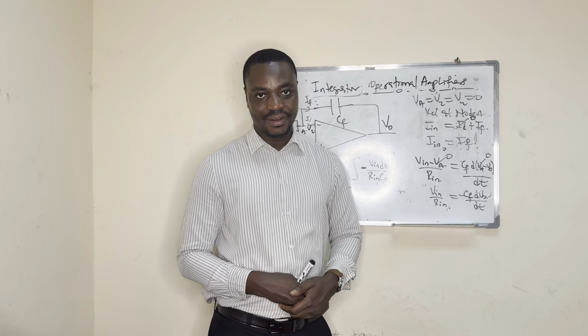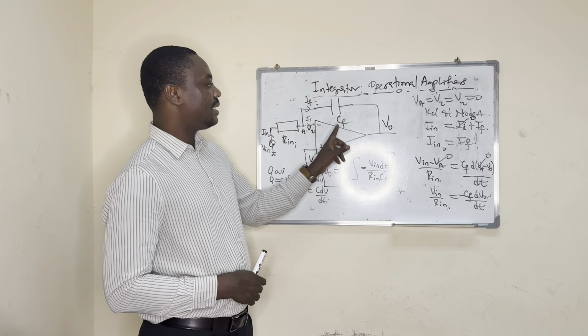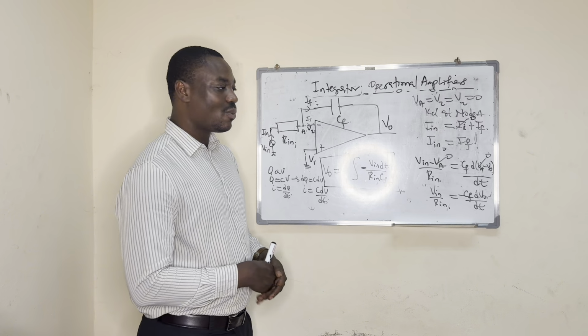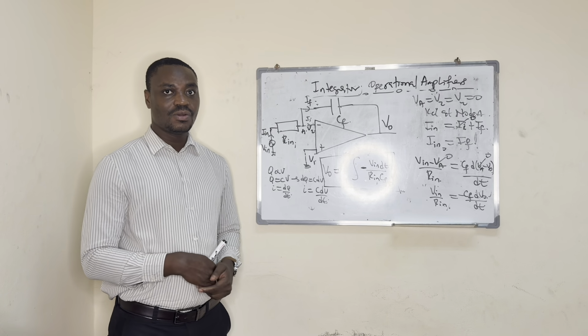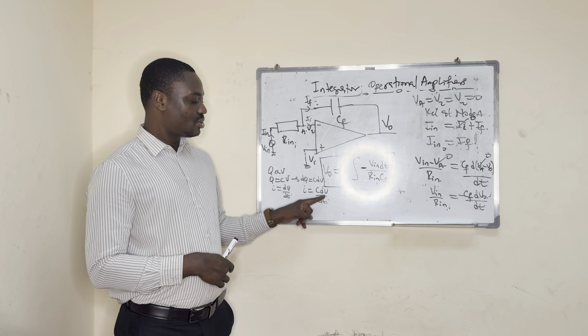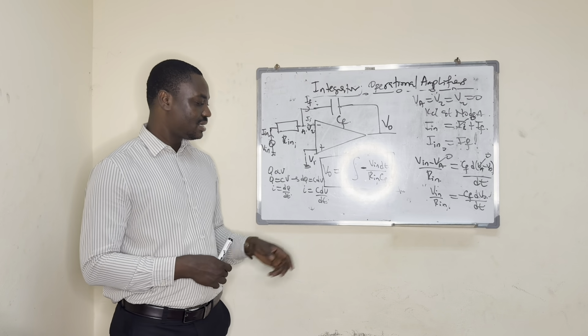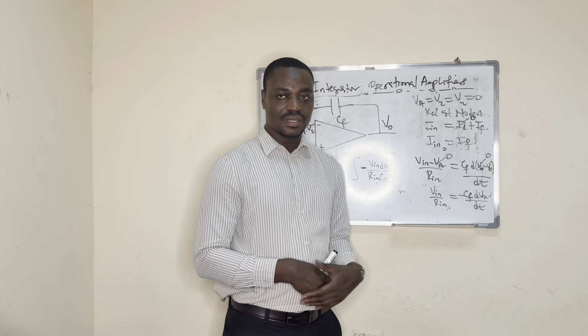That will now equal the feedback current, which is IF. Here we have a capacitor, and the current passing through a capacitor equals the capacitance times the rate of change of the voltage, that is dV over dt. Then we just replace that principle here.